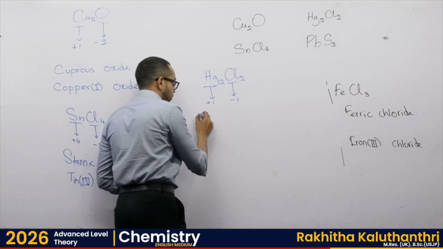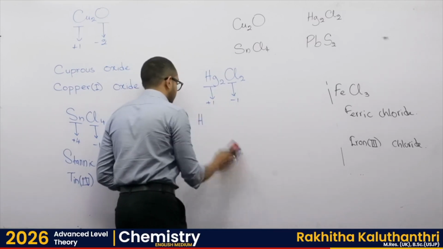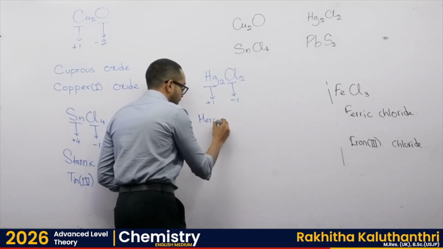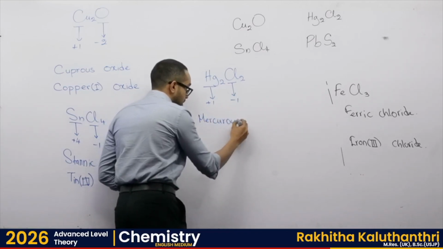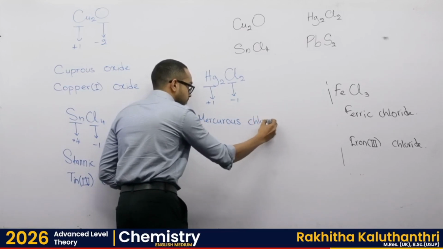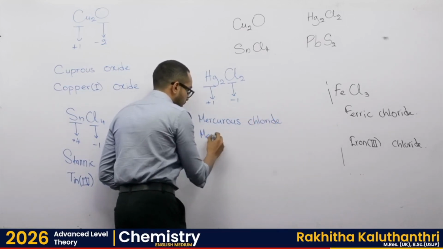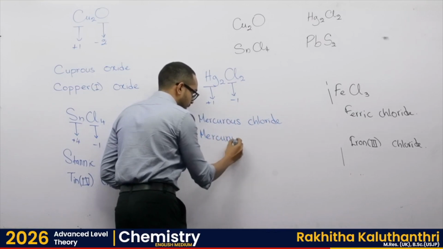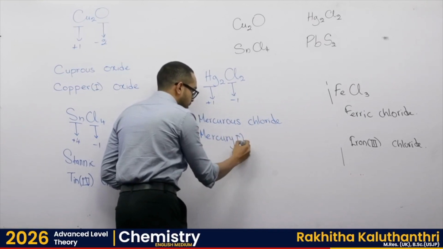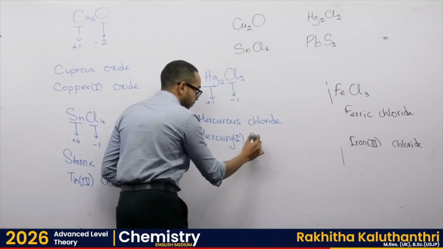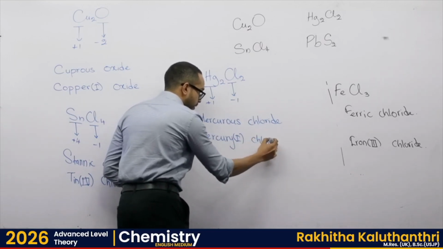So the trivial name would be mercurous chloride. The IUPAC name would be mercury 1 chloride. Mercury 1 chloride.